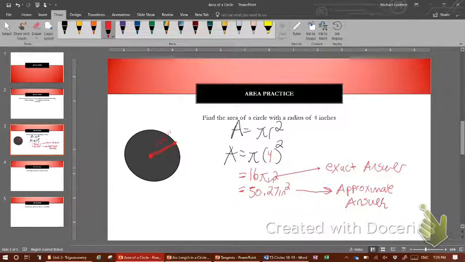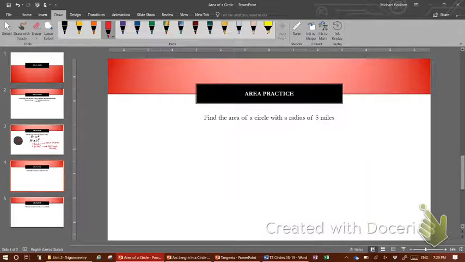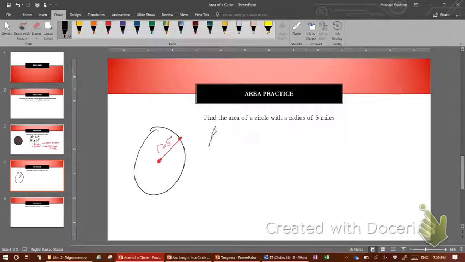All right? So let's try to find the area of a circle with a radius of 5 miles. So, you know, if you're a Criminal Minds fan, your 5-mile radius to find the unsub or whatever, that's what we're looking at here. So, we have a circle with a radius, and that's 5. And of course, so we're going to take our area formula here. We have pi.